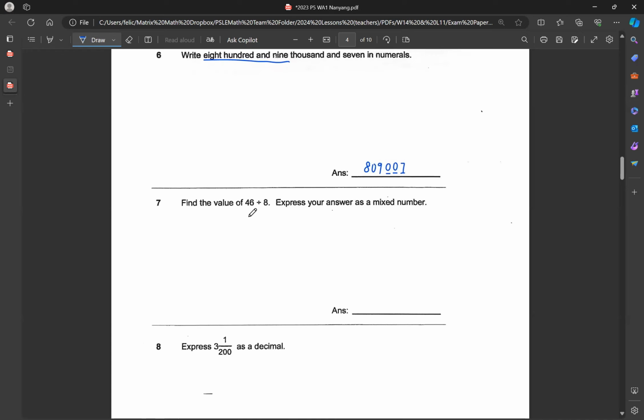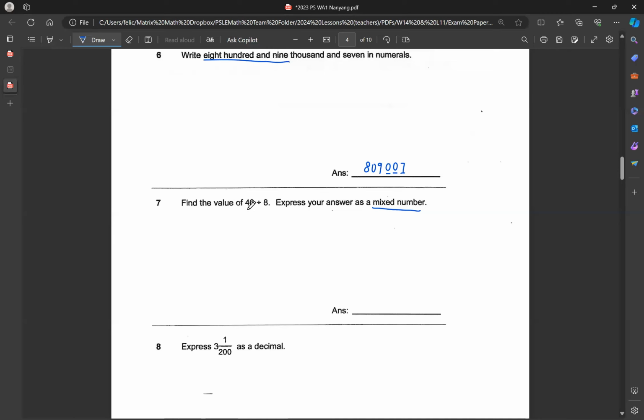Next will be find the value of 46 divided by 8. Express your answer as a mixed number. Now, since they want a mixed number, we should be expecting a fraction. And remember from section A earlier, I did discuss that division and a fraction are essentially the same thing. It's just how we express it in one form as compared to another.